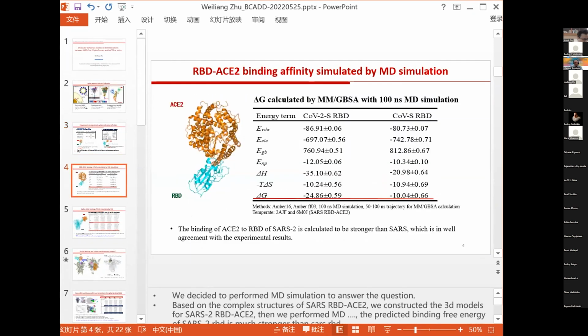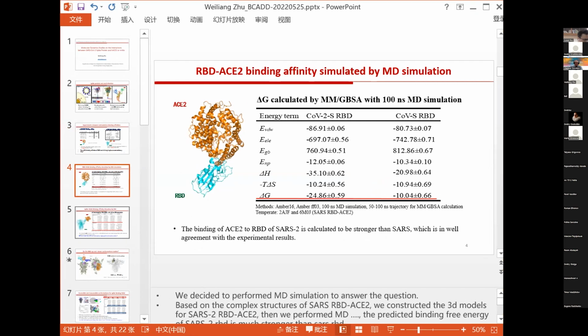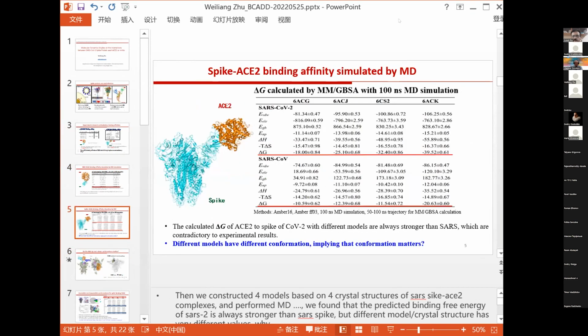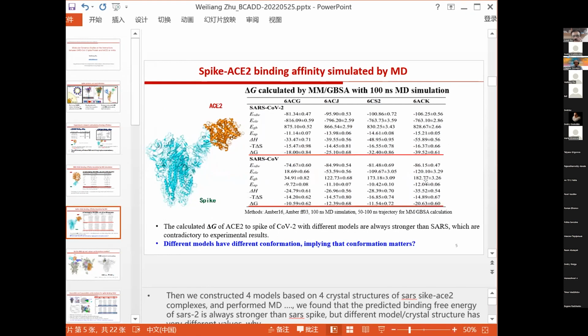Which one? This? Can you see my PowerPoint? Yes, the fifth slide. Different models have different conformations. Yes, how big is the difference? I can't remember the RMSD, but the difference is very significant because the RBD angle is very different from each other, from 50-something degrees to 80-something degrees.